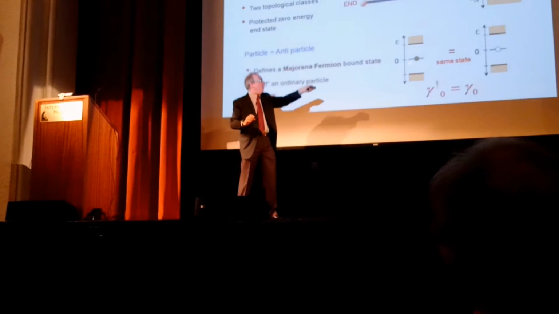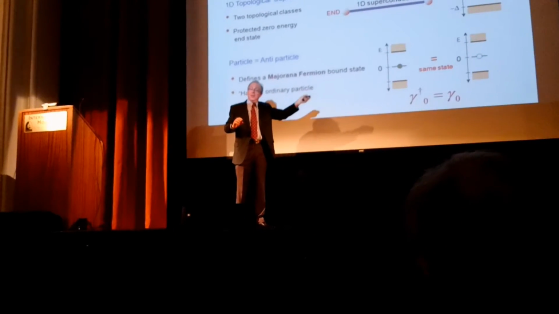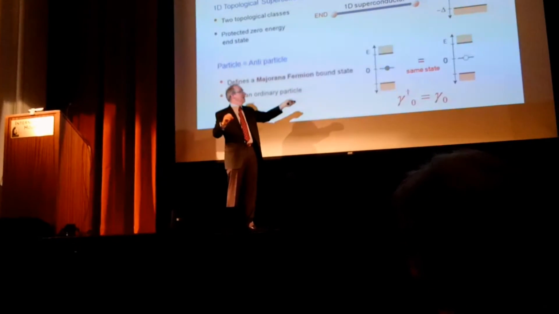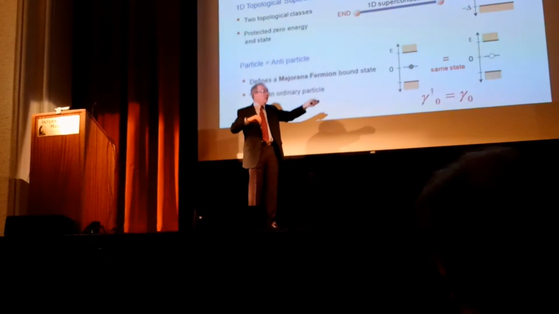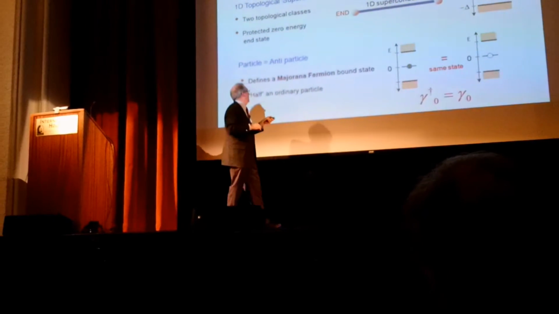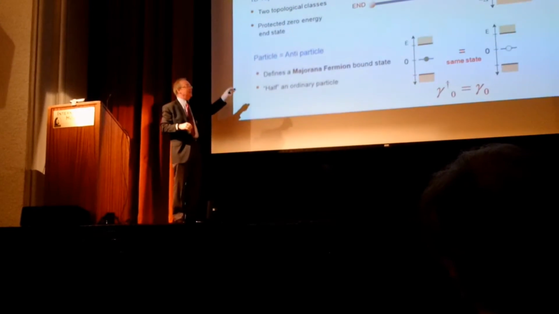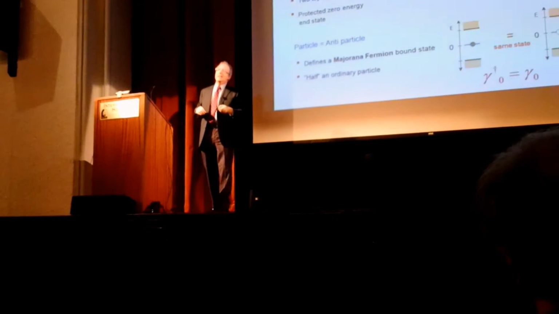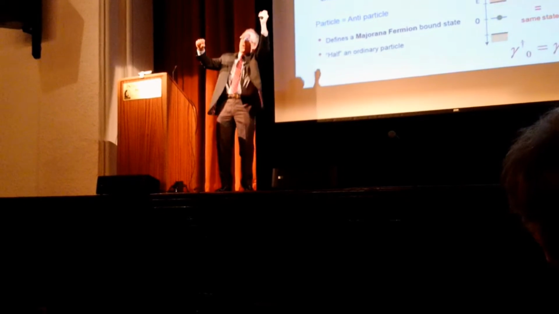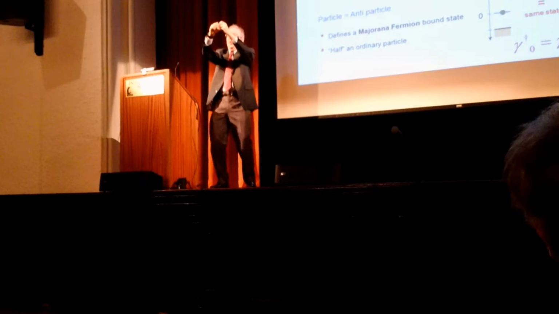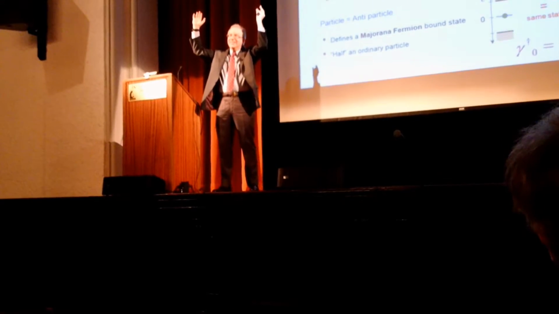Okay? So if I add the particle and I add another one, then they disappear. So what this means is that this zero energy particle is its own antiparticle. So an antiparticle, if you have a particle and an antiparticle, you can put them together and poof, they're gone.